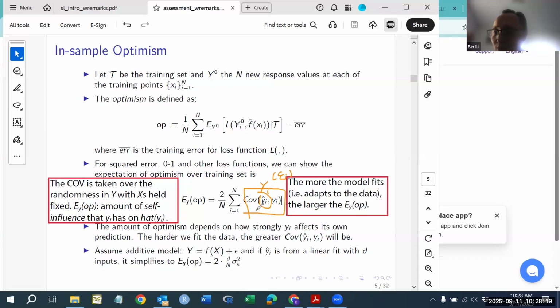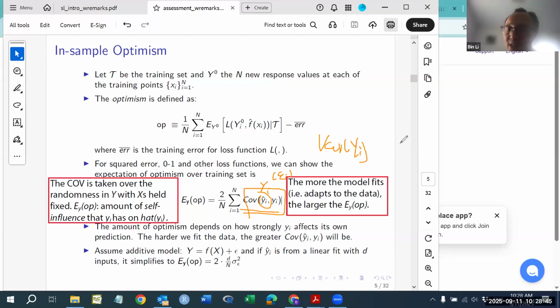And if the model is too adapted to the data, then the yi hat will be exactly yi. Then the covariance of yi hat and yi becomes what? It becomes the variance of yi. That will be large.